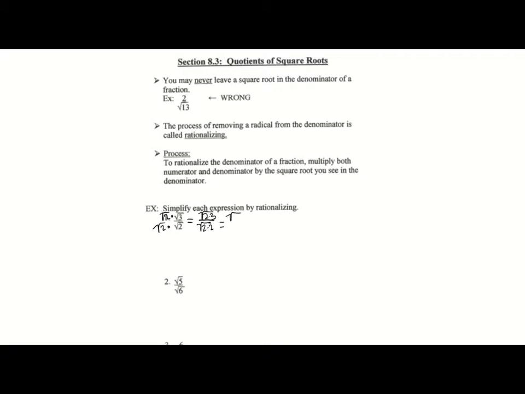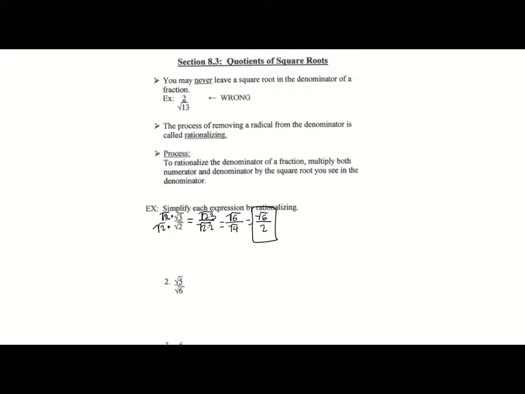That gives us square root of 2 times 3 is 6, and on the bottom, square root of 4. Now, square root of 4 we know is 2, and we have the square root of 6 on top. So this new fraction has been rationalized because we got rid of the square root in the denominator.